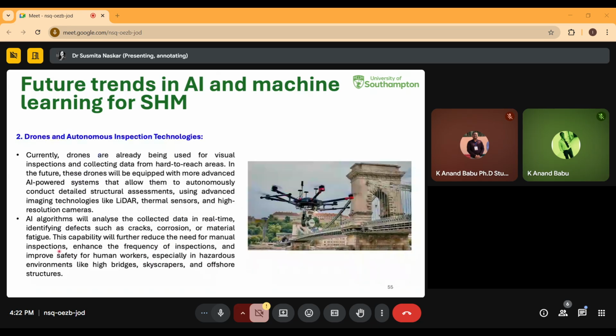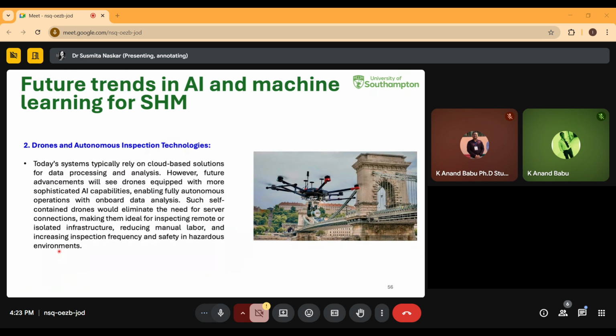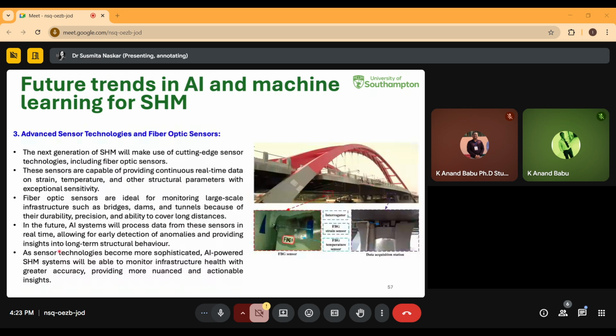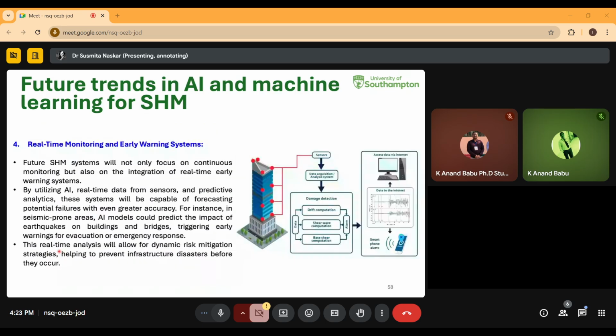We then talked about drones, being used a lot, but we are still struggling with the connection process and those things. Then definitely advanced sensor technology, where fiber optics is a very, very important part, but there can be other types of sensors as well. Then real-time monitoring. When we talk about real-time monitoring, not only the monitoring, but we also want early warning. We do not want to only be monitored.